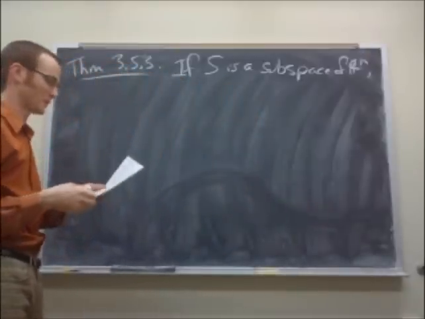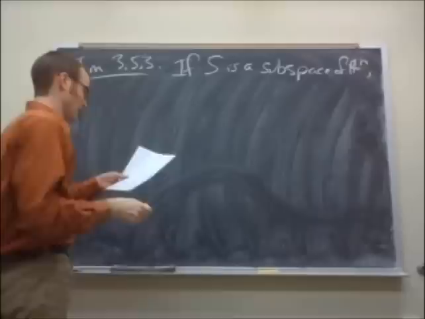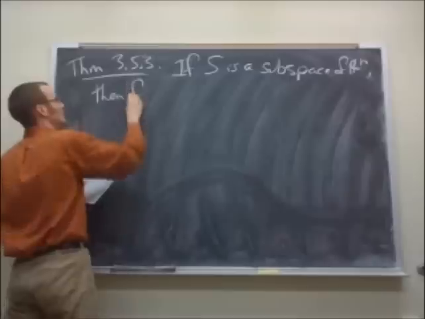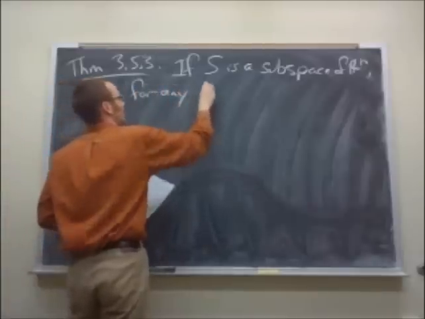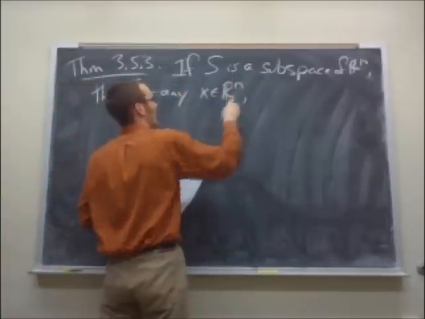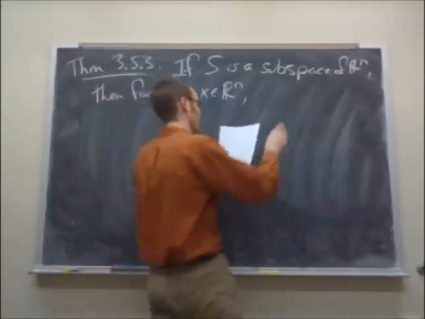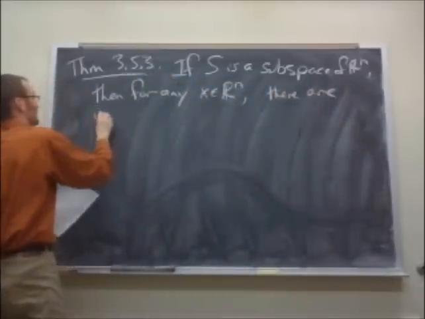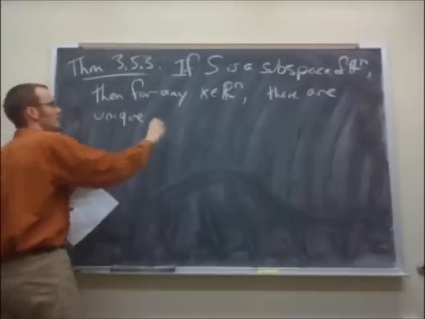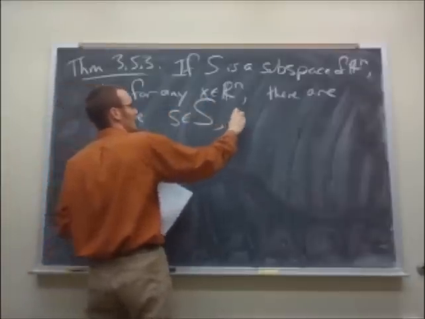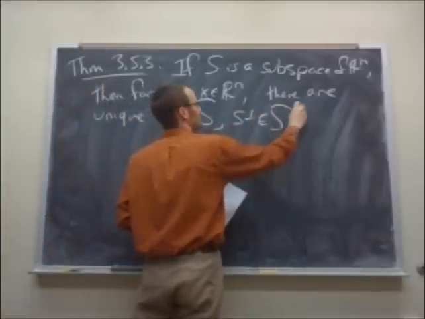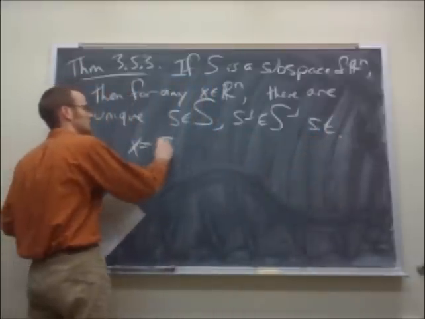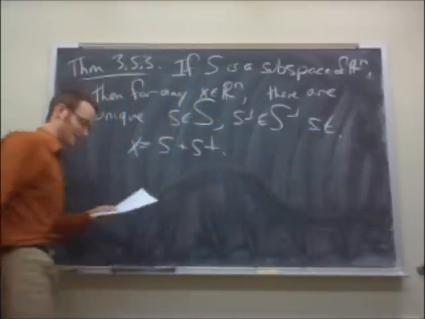We need it to be closed under addition. Then for any x in Rn, there are unique s in S and s perp in S perp such that x equals s plus s perp.